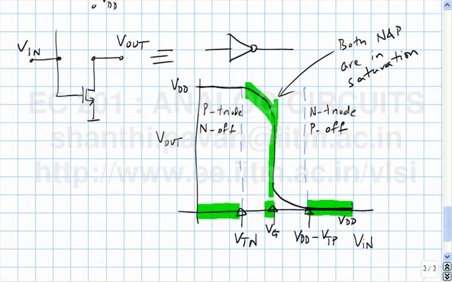It is very large, equal to VDD. As the input voltage becomes larger than VTN, the NMOS will be in saturation because VGS is greater than VT, just greater than VT for example here, and the VDS is very very large. So the NMOS transistor is in saturation. P will continue to be in the triode region.